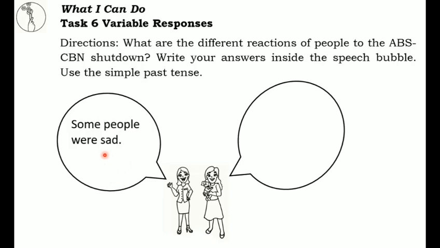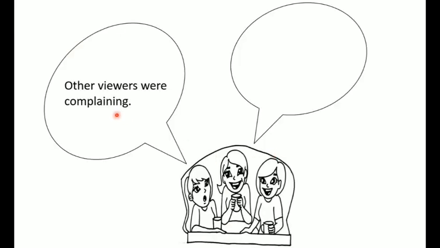First answer, some people were sad. We use here the past tense were. And then, some people were happy. Next, other viewers were complaining. Next, many ABS-CBN employees lost their jobs. Our past tense here is lost.